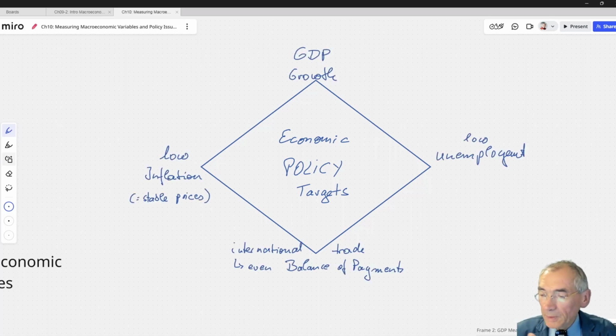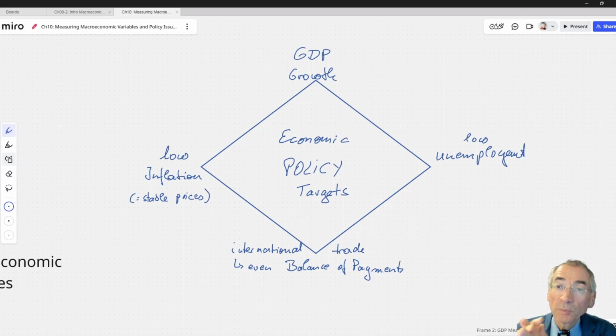GDP growth typically at the top, being the one indicator that is most observed, most discussed and analyzed. Stable prices or low inflation, high employment or low unemployment, obviously, and the international trade. So we have these 4 targets of economic policy.